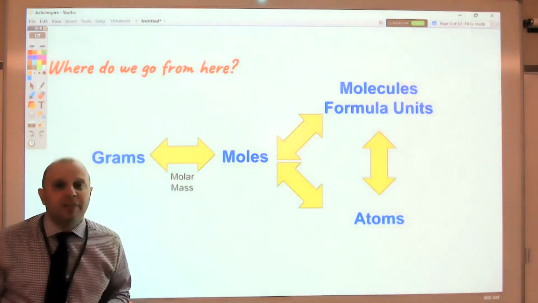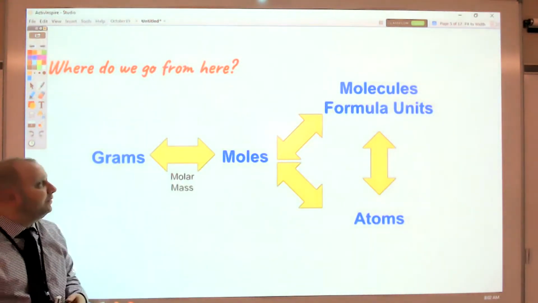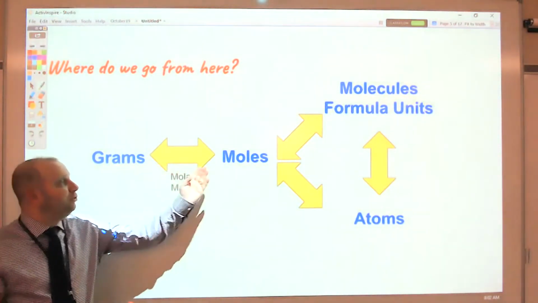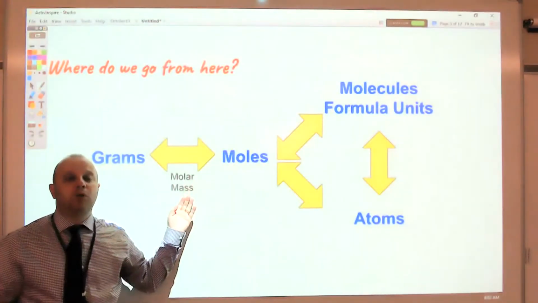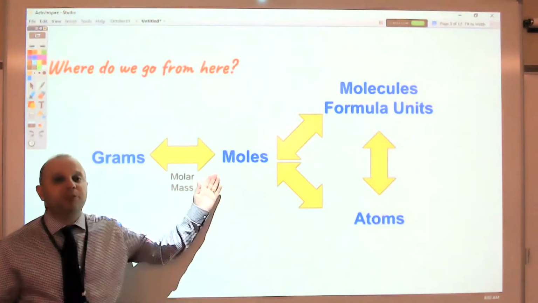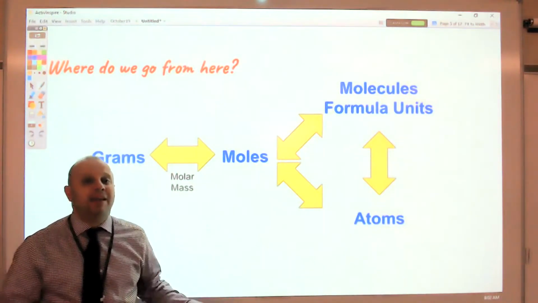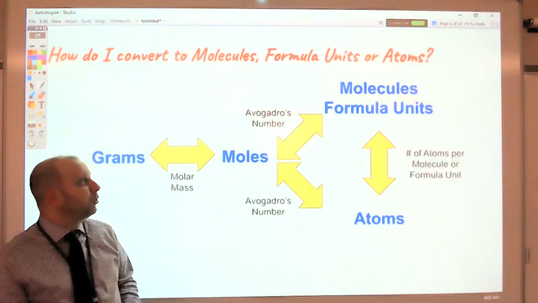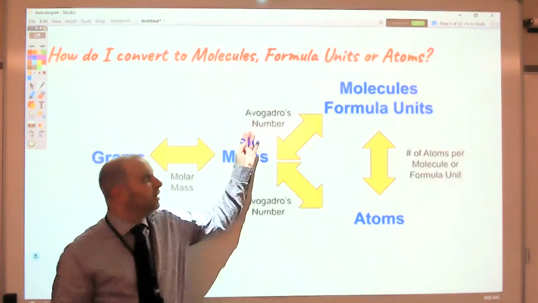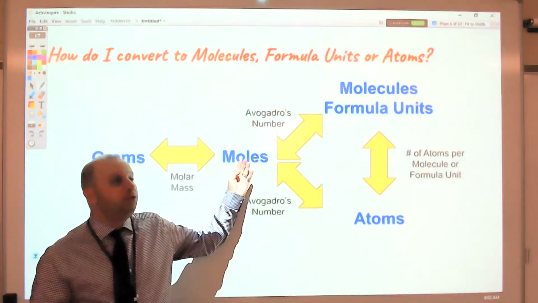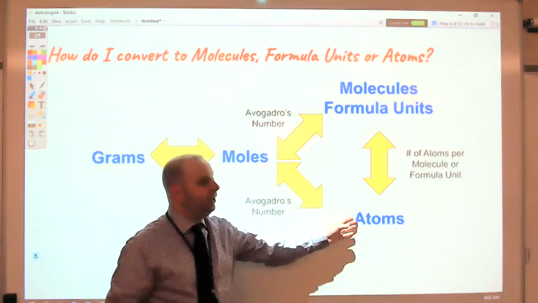Okay, so this is what we did in our last class. We went between grams and moles, and we used molar mass as our bridge between grams and moles. Today, we're going to expand on that idea and use Avogadro's number. Avogadro's number is going to be the bridge to 2 different locations.